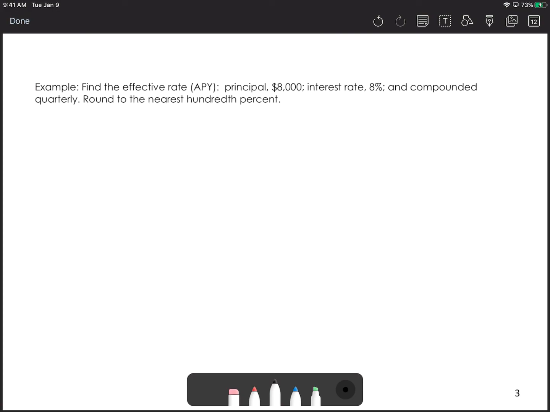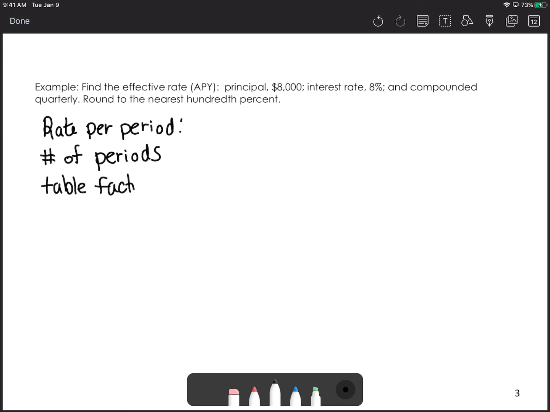It says the principal is $8,000. The interest rate is 8% and is compounded quarterly. We need to find the rate per period. We need to find the number of periods so that we can find our table factor.